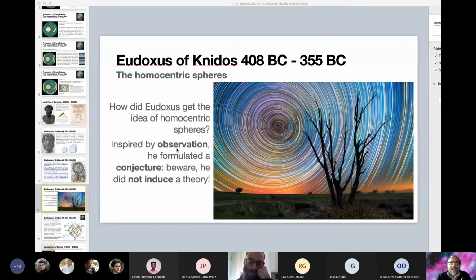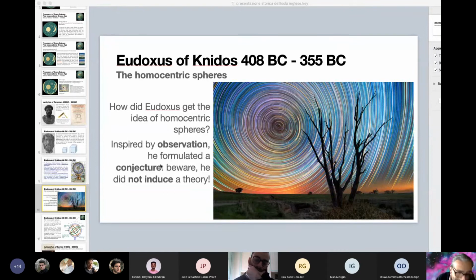So, how did Eudoxus get the ideas of homocentric spheres? The answer is obvious. Look at the sky and you have this idea. Inspired by observation, he formulated a conjecture.